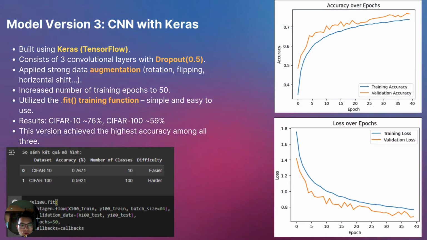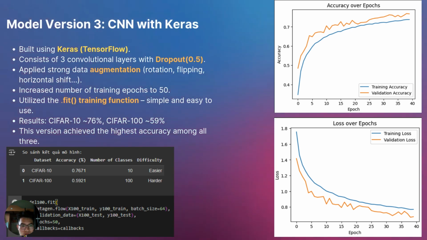Okay, we're going to move to version 3. In this version, I changed the framework from PyTorch to Keras, and also use three convolutional layers with dropout of 0.5. Especially here, I use data augmentation.